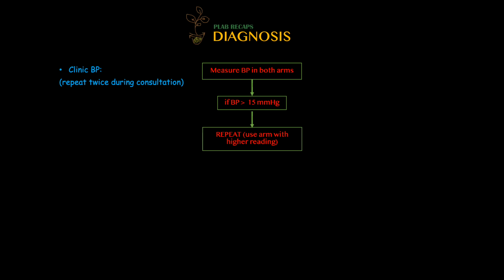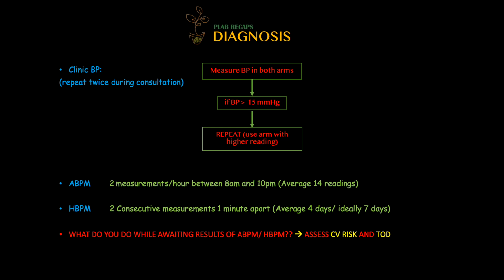If both clinic BP readings are high and you are suspecting a diagnosis of hypertension, then arrange for the patient to have either ambulatory blood pressure monitoring or a home blood pressure monitoring.